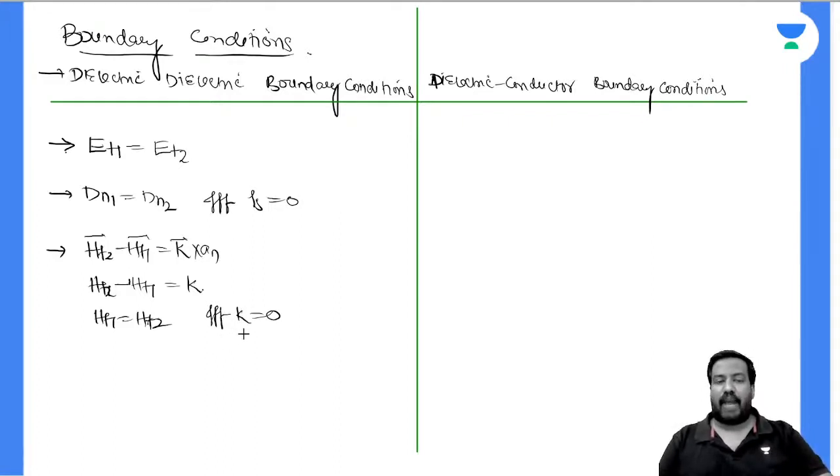Tangential component of magnetic field intensity is continuous across the boundary of discontinuity if and only if the surface current that is deliberately placed on the boundary surface is equal to 0. It is conditionally continuous.